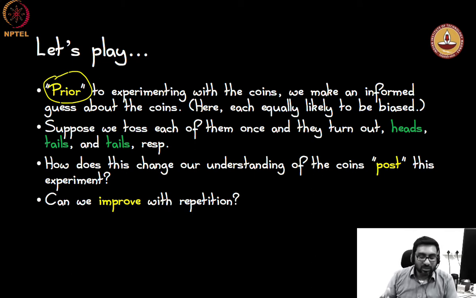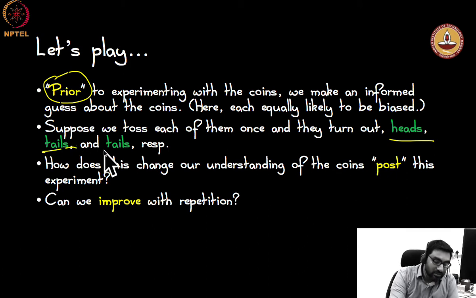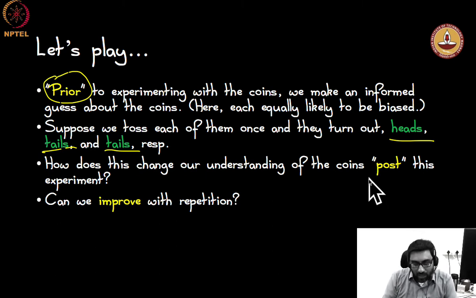This is before we start any experimentation, so it's often called the prior. Let's say we toss each of these coins once and ask ourselves, what is the outcome? Say the outcome is heads, tails, and tails for the 3 coins. Now, having seen this outcome, we would like to make some inference about which coin is biased and which coin is unbiased.